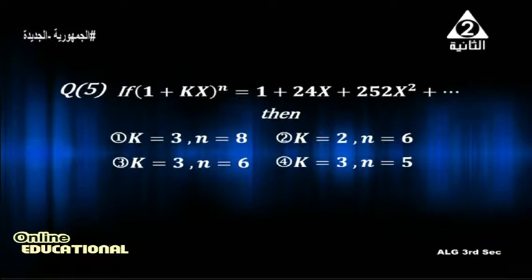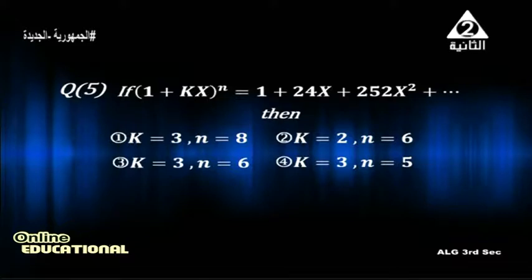In this case, by the binomial theorem, nC1 (kx)^1 (1)^(n-1), plus nC2 (kx)^2, and nC3 (kx)^3, and so on. Look at the first 3 terms.